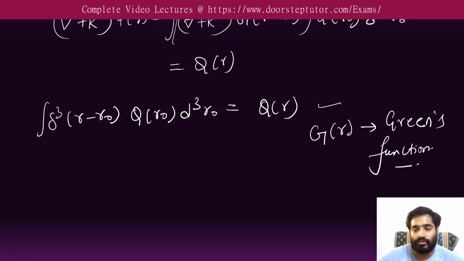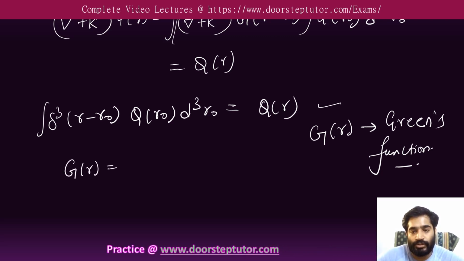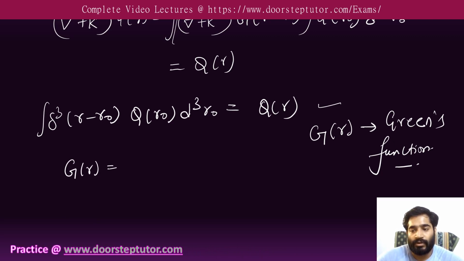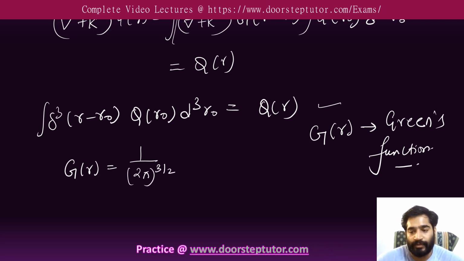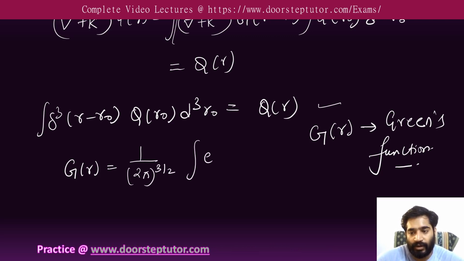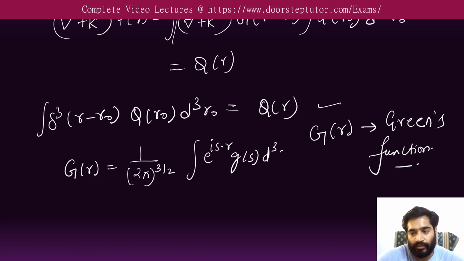Now, what is G of r? G of r for this equation will be given by the following, and you must remember this: 1 over 2 pi to the power 3 by 2, integral of e to the power i s dot r times g of s, d3s.